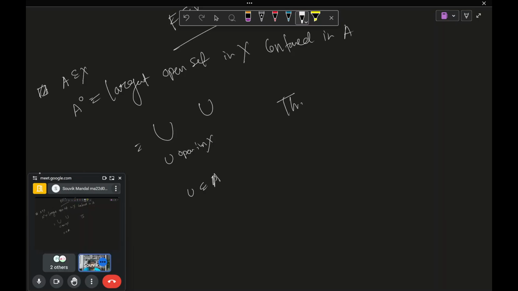The theorem is that the interior of A is a subset of A, which is a subset of the closure of A. There is nothing much to tell about this.